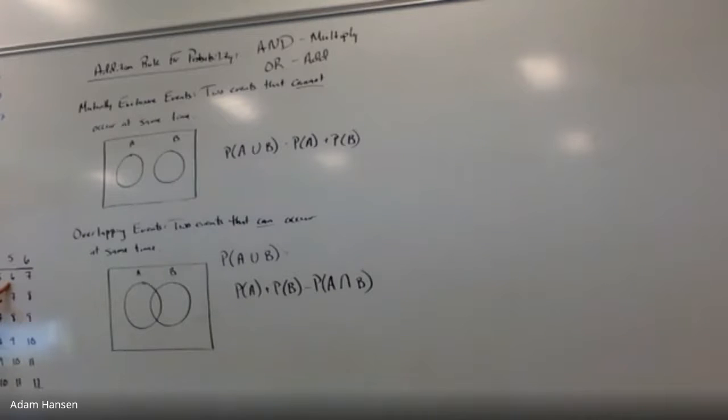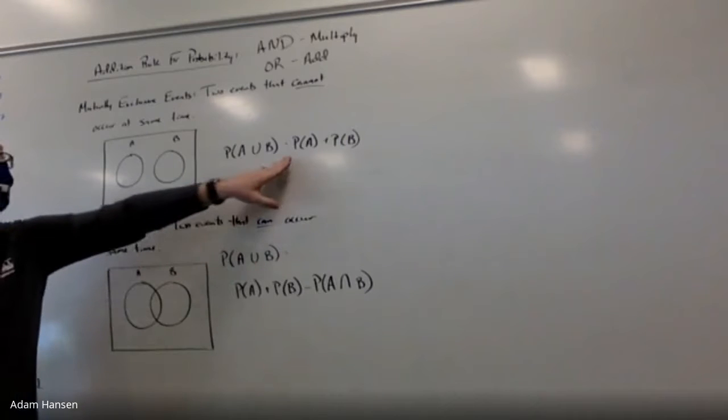Is there a way to roll the dice and get a sum of 5 and a sum of 6 at the same time? No, it can't happen, right? They either have to add up to 5 or they add up to 6. How can they do the same thing at the same time? I can't. So I'm talking about finding the probability of rolling either a 5 or a 6.